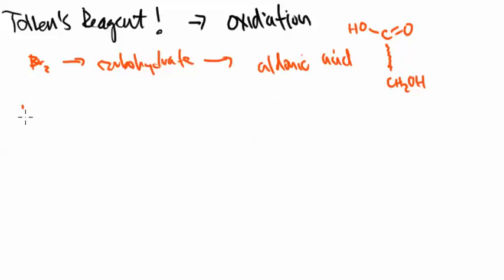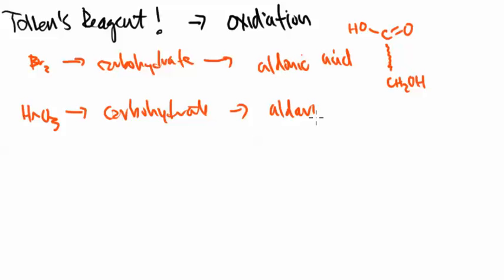We also talked about nitric acid in the previous video. If we take nitric acid and add it to a carbohydrate, what we see form is something called an aldaric acid. And just like before, we have an aldehyde group, who cares what's in the center, and then a CH2OH group down below. Well, nitric does the same thing that bromine does. It targets the head and converts that to an OH group.